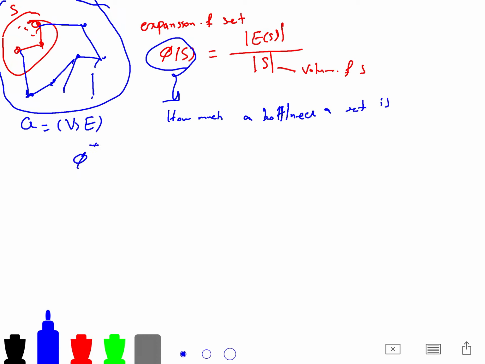And phi star of G is the minimum of phi of S, where the volume of S is less than N over 2.